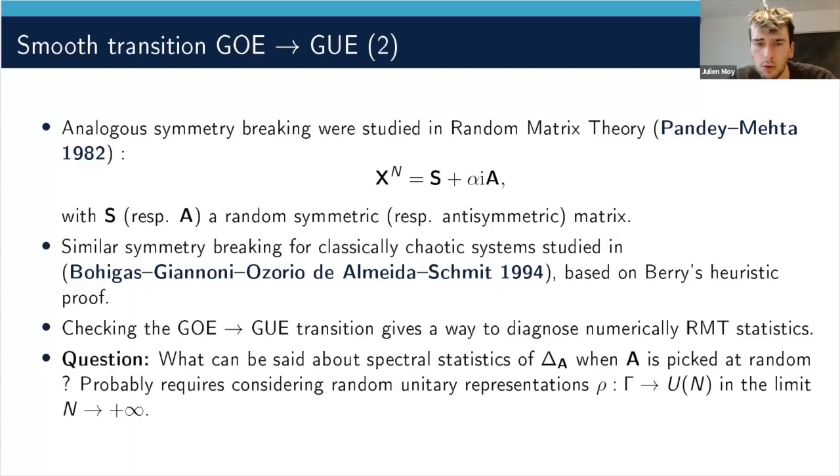But it would probably require, to some extent, working not with unitary characters of the fundamental group, but instead working with random unitary representations of the fundamental group and trying to get some results in the limit when n is large. So this is the question I'm wondering about. And I think I will stop here.